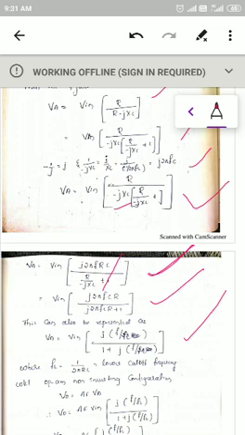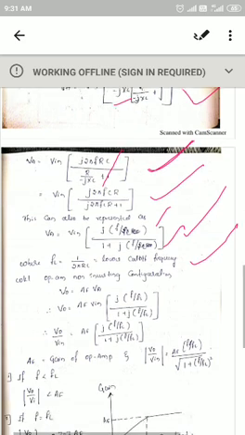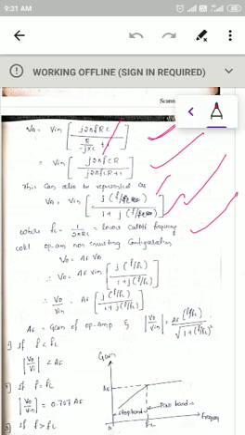So f divided by fL in the numerator, and here also the same: 1 plus j f divided by fL. Here fL is given as 1 by 2 pi RC, that is the lower cutoff frequency value. You just substitute fL in this equation, you will get the same above equation.